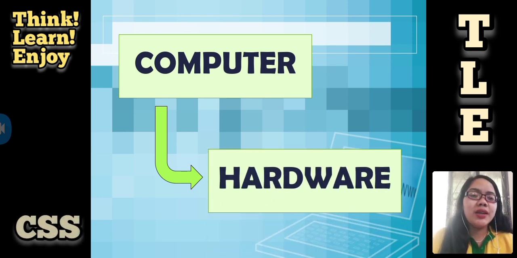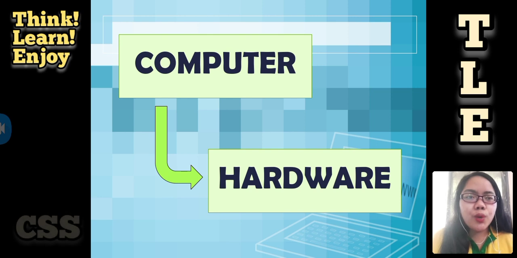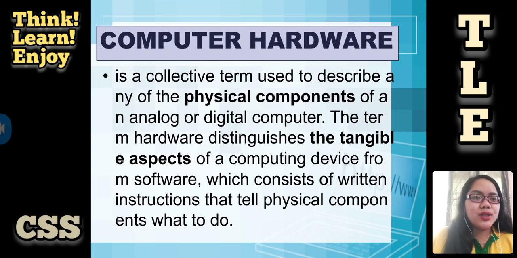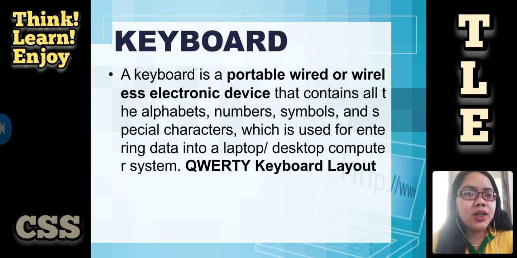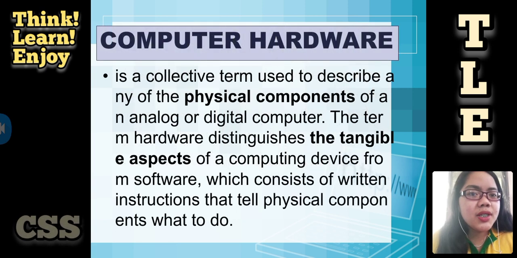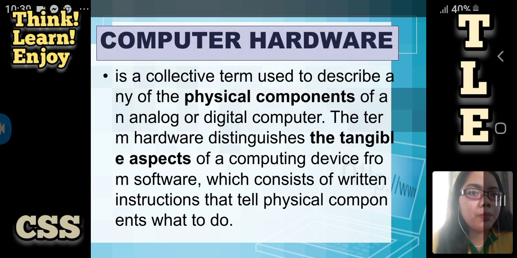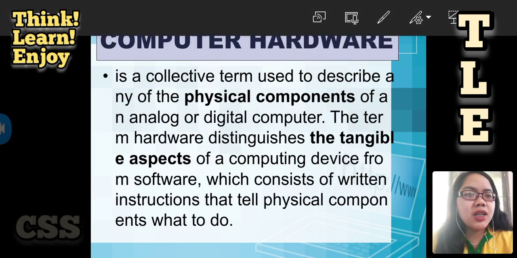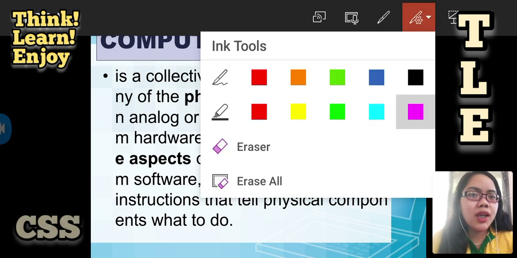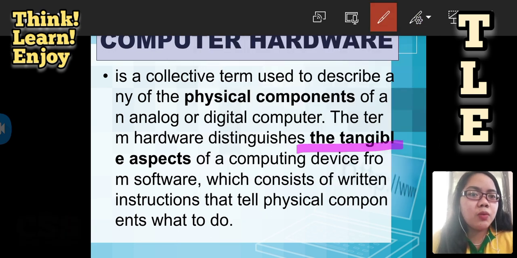At the same time is the hardware, wherein these are the physical parts of the computer. Ito yung mga nahahawakan. So, computer hardware is a physical component. As you can see, physical components. When we say physical components, ito yung mga tangible aspect, meaning to say, mga nahahawakan.